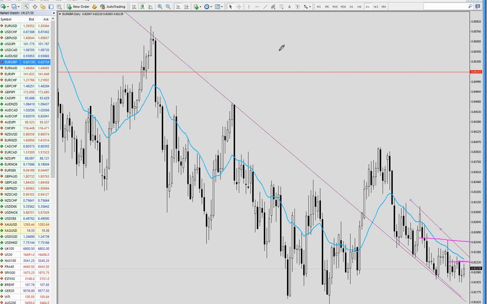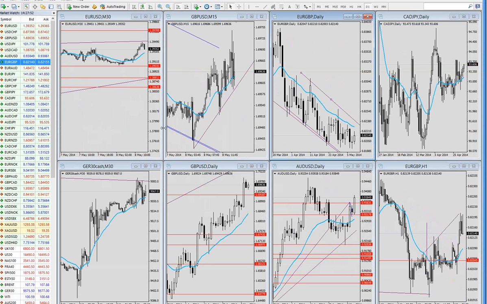But that could be either because of the pound weakening or euro strengthening after the ECB, okay? So we still have to wait for ECB and for Draghi for the final resolution, okay?